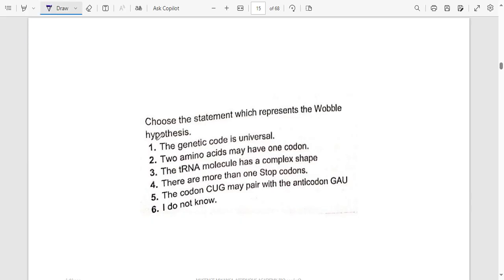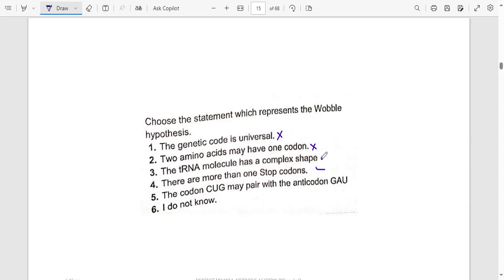Okay, let's start with the first option. The genetic code is universal. Does that explain the Wobble hypothesis? No. Two amino acids may have one codon. Does that explain the Wobble hypothesis? No. Two amino acids can't have the same codon. The tRNA molecule has a complex shape. Does that explain the Wobble hypothesis?